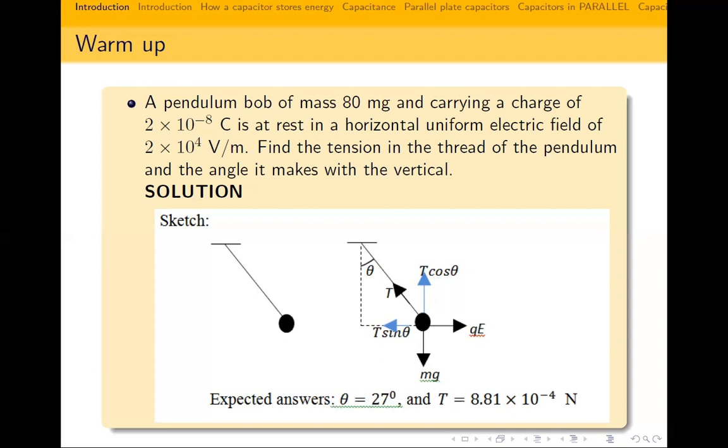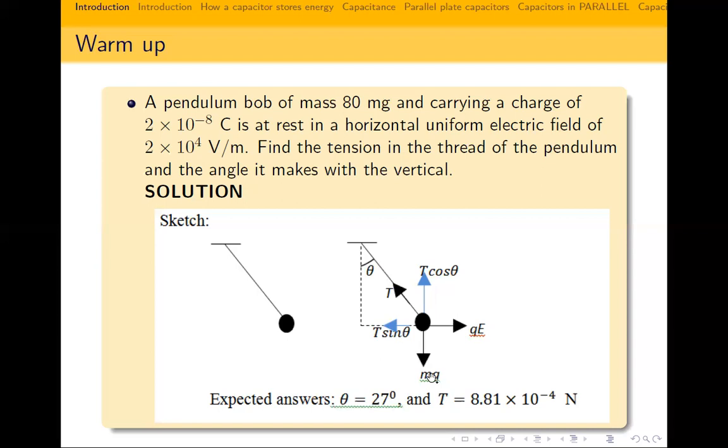So if that is the case, all the forces balance in all directions. For example, horizontally, T sine theta will be equal to QE. That gives you equation number 1. Then equation number 2 will be T cos theta is equal to mg.